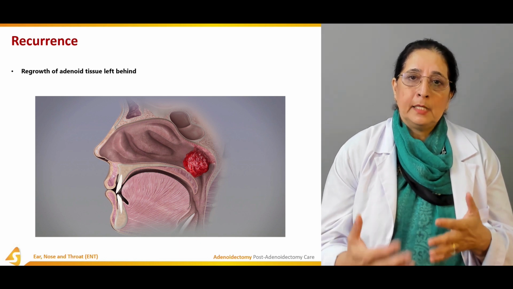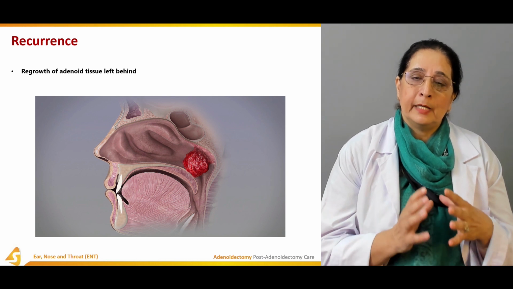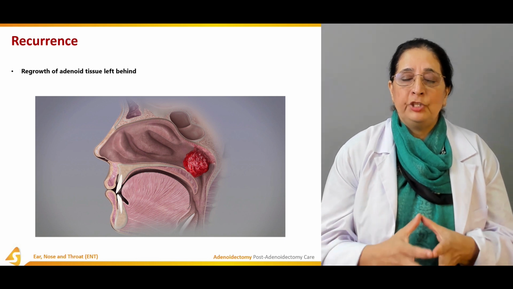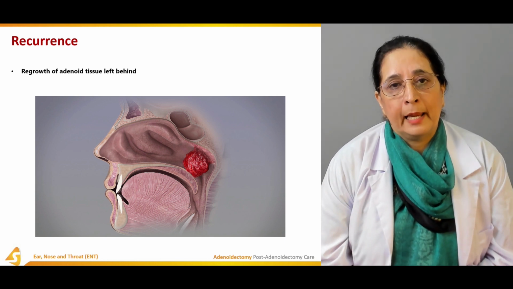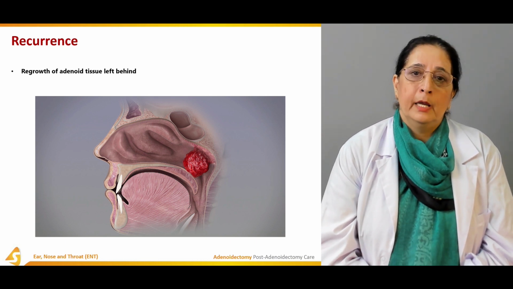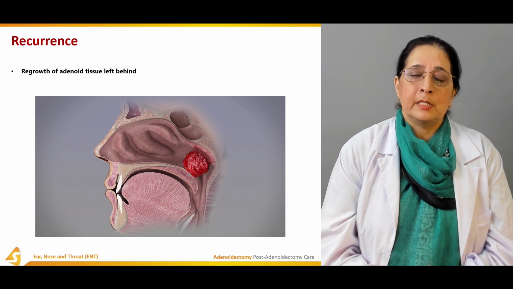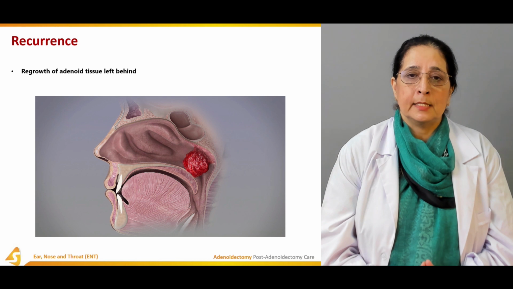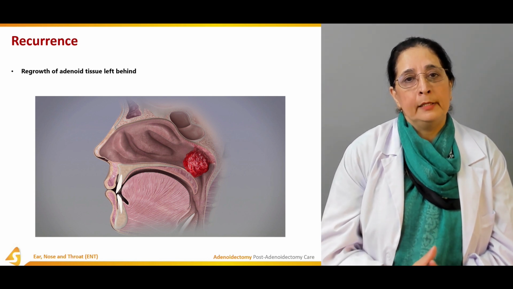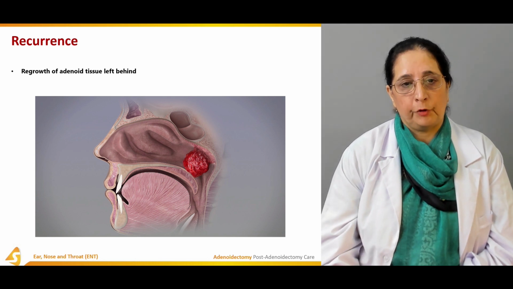Even though it's not a major operation, giving general anesthesia itself can lead to complications and should be avoided. So it's better to remove all the adenoid tissue, all the masses and all the smaller tissue that is present, so we can avoid recurrence of adenoid hypertrophy.